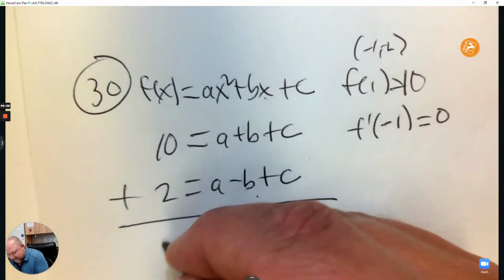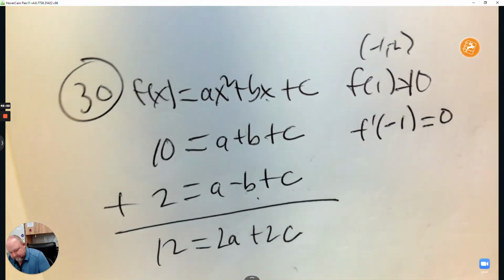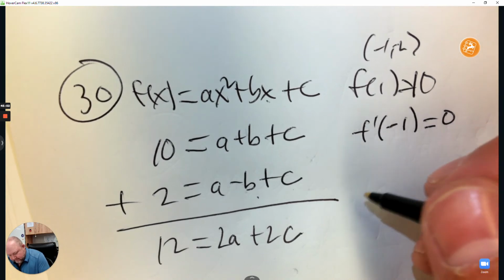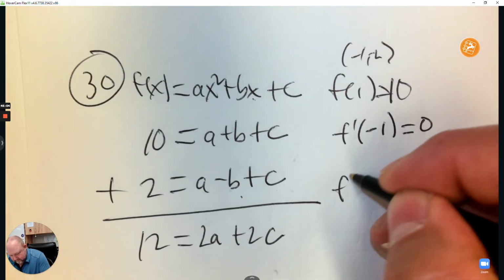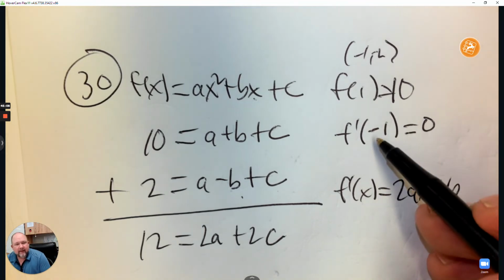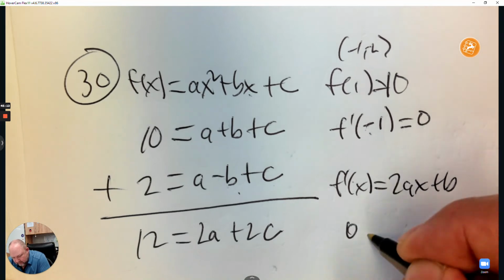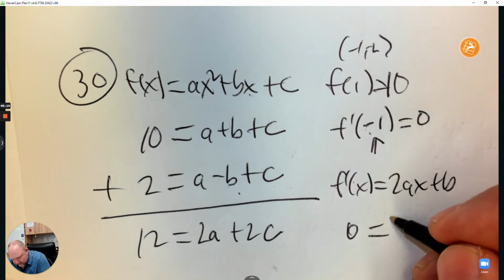In fact, I can add this together and eliminate the b. The derivative of that is 2ax plus b. If there's a relative maximum or minimum, then you take the derivative equal to 0, and I would plug in -1 for x.